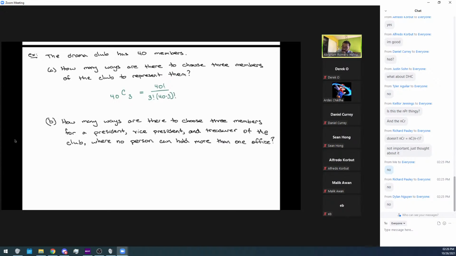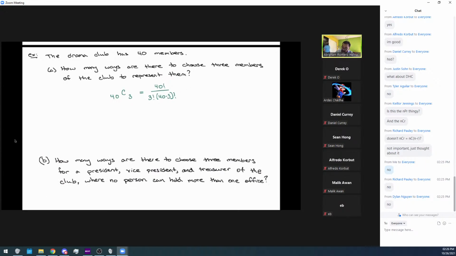Let me give myself more space. So that's the same thing as 40 factorial over 3 factorial times 37 factorial. That's the same thing as 40 times 39 times 38 times 37 factorial. I'm going to stop at 37 factorial because I'm going to reduce it with the 37 factorial in the denominator. 3 factorial is just simply 3 times 2 times 1.